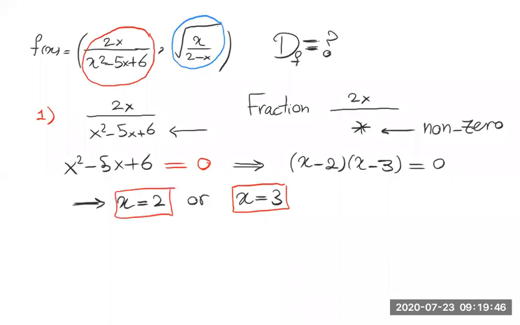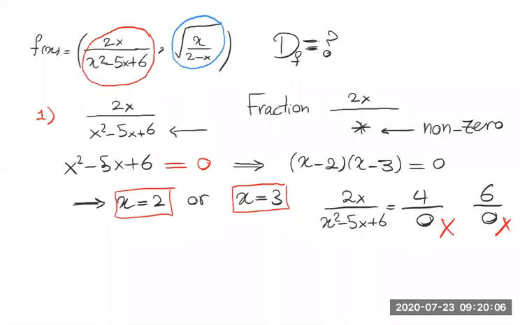If x is 2, this function 2x over x squared minus 5x plus 6 would be equal to 4 over 0. Or if x is 3, this is going to be equal to 6 over 0, right? These things are not defined. So first, we should remove these points from the domain. Okay, that's the first thing.